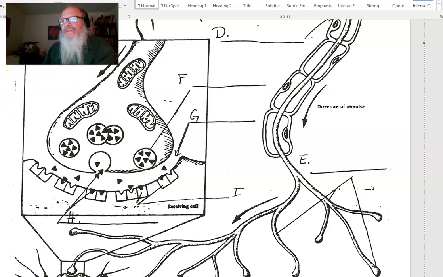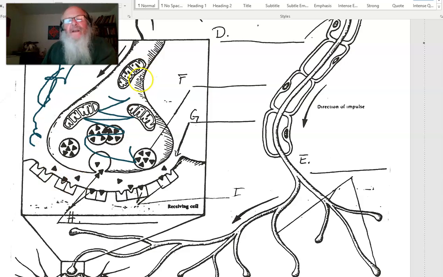So one of the things that is helpful to keep in mind as we try to understand how the neurons do their communication thing is that there's a soup on the inside of the cell membrane, and there's another soup on the outside of the cell membrane. When the action potential reaches the axon terminal, it pushes these neurotransmitter chemicals, another ingredient, out into the soup on the outside of the cell membrane.